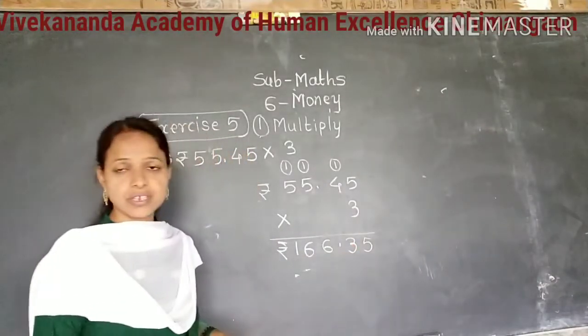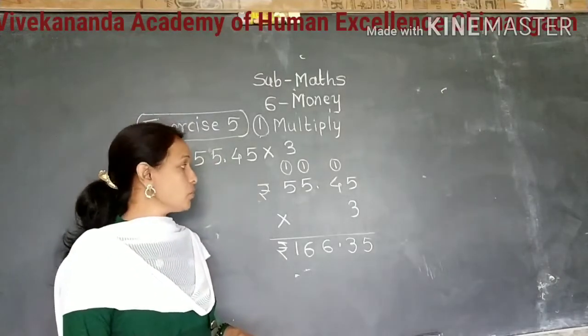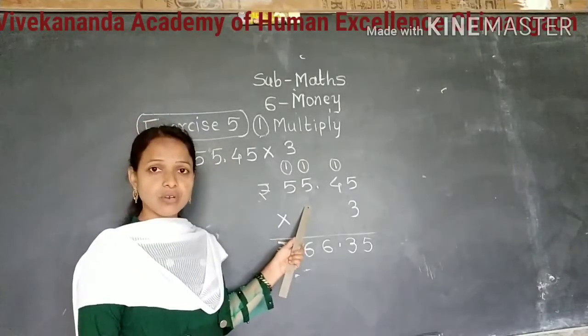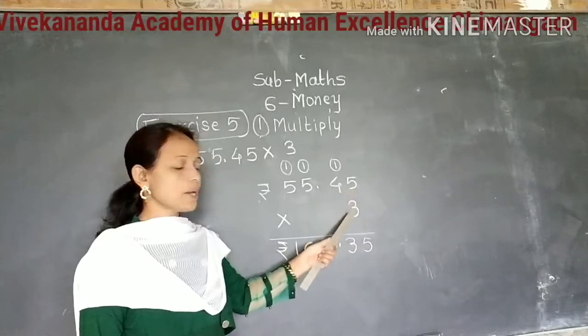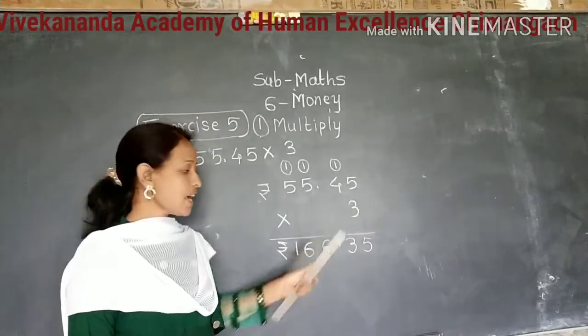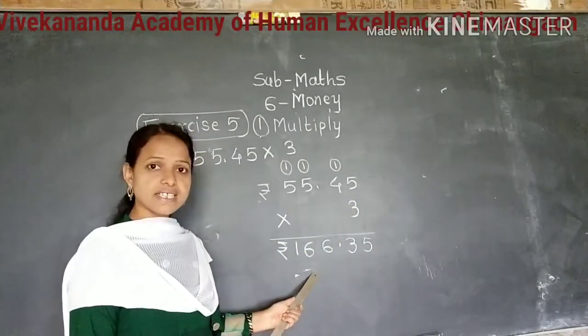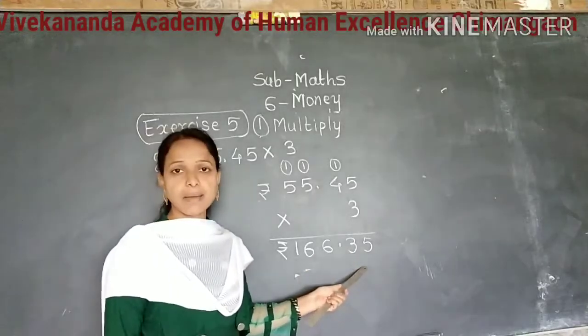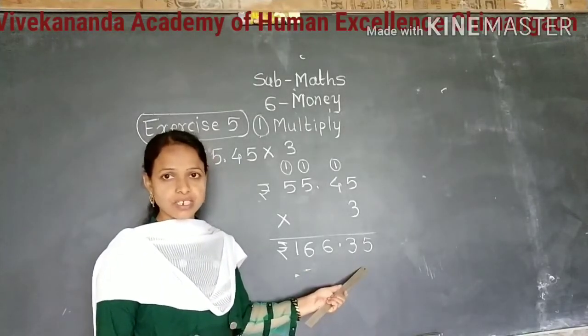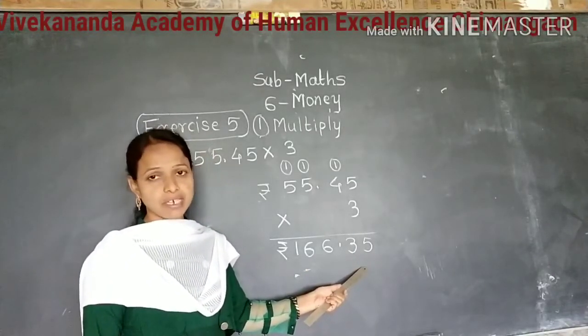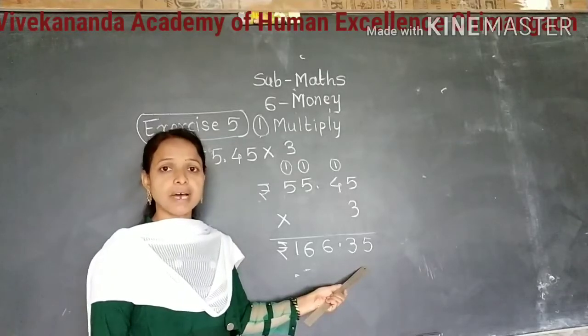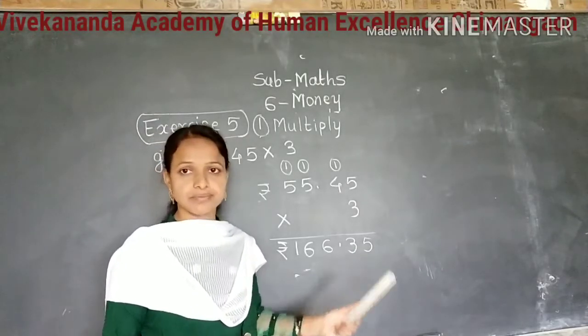Okay. So here put the dot. So here you multiply 55 rupees 45 paise by 3. We get the answer 166 rupees 35 paise. Understood? Here we are multiplying money by a whole number.